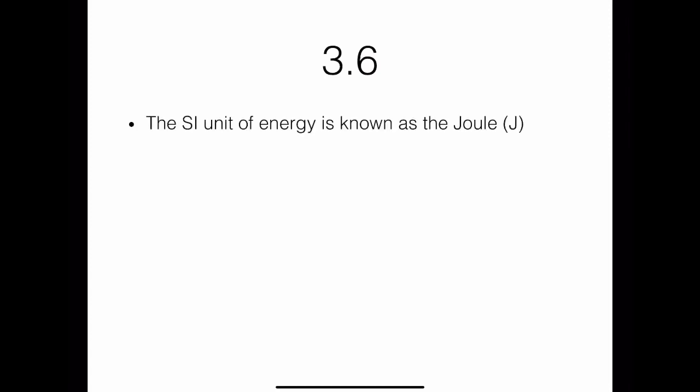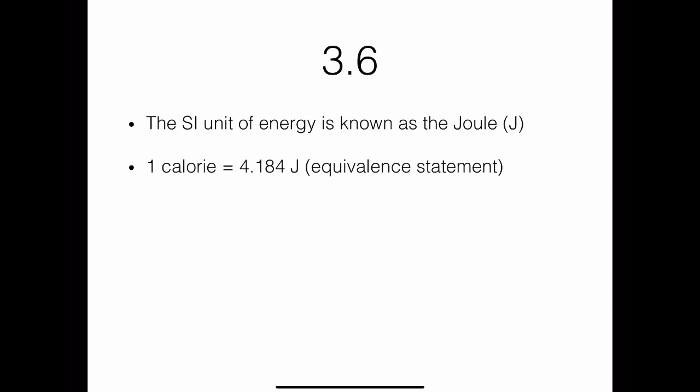The SI unit of energy is known as the joule. So we use calories, but joule is the SI unit, and we have to be able to convert back and forth between the two. We know that 1 calorie, small c, is equal to 4.184 joules. Now we're not going to use big C again. I was showing you how that compared to what you'd see in your food labels.